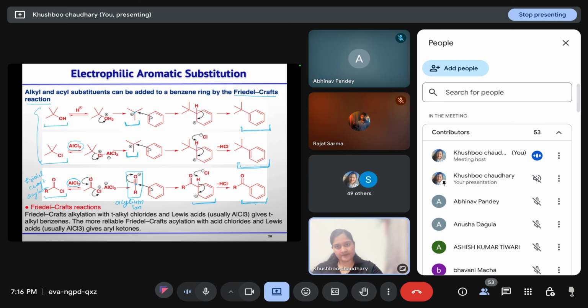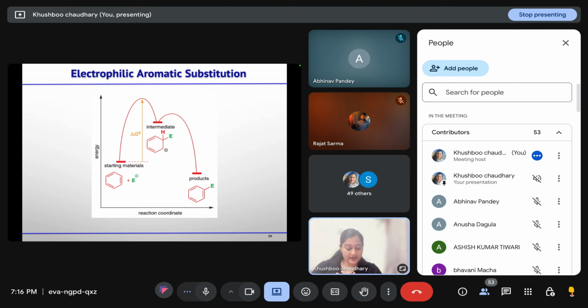Yes, ma'am, clear. Okay. So this is the energy diagram. We are plotting energy against the reaction coordinate. We know that the starting material has some energy, and when benzene loses its aromaticity by attacking the electrophile, the species generated is your carbocation intermediate, and this step is the rate determining step.